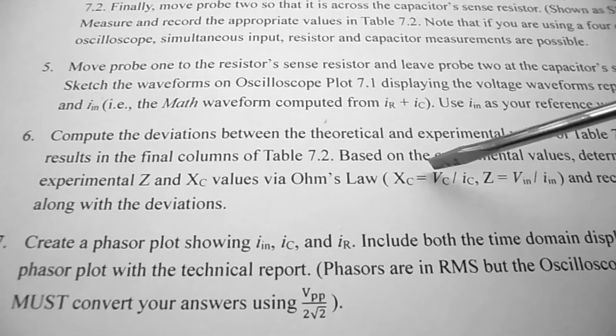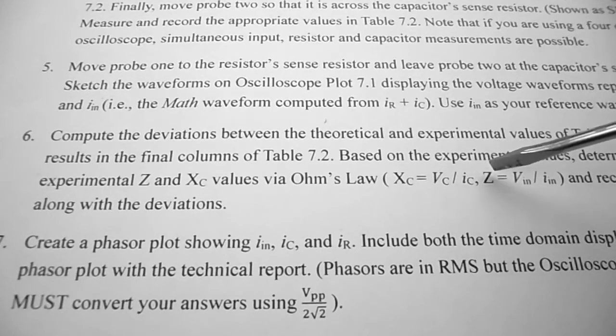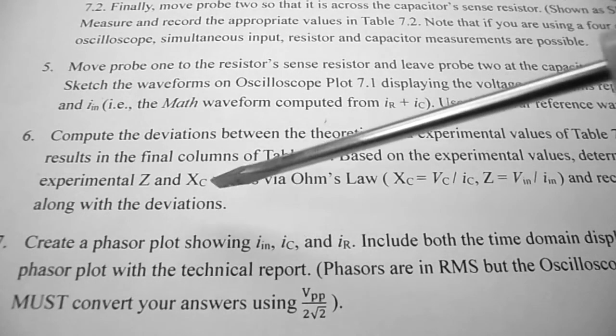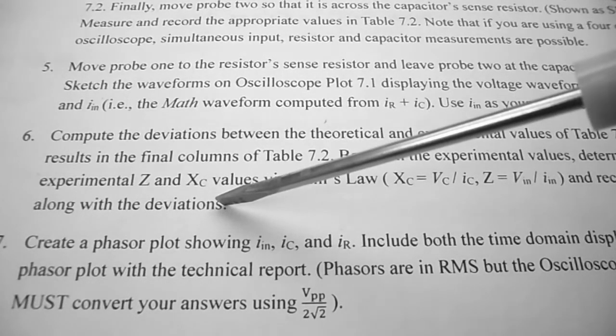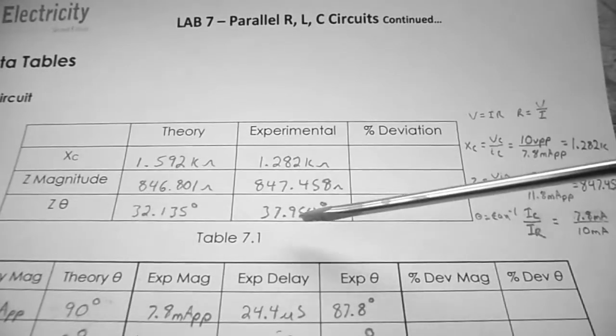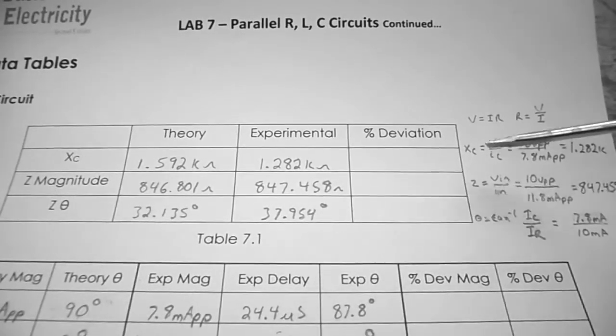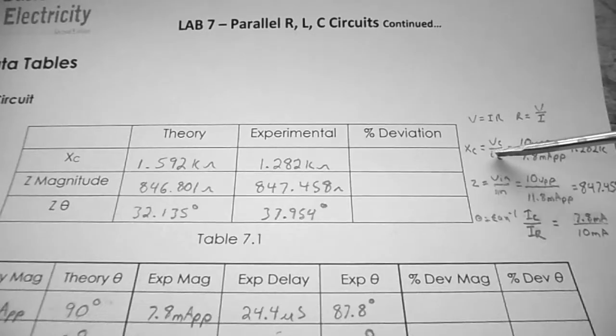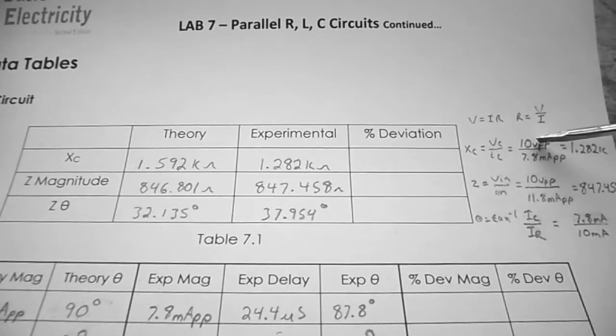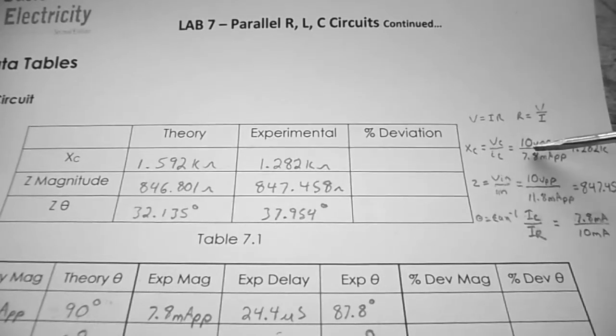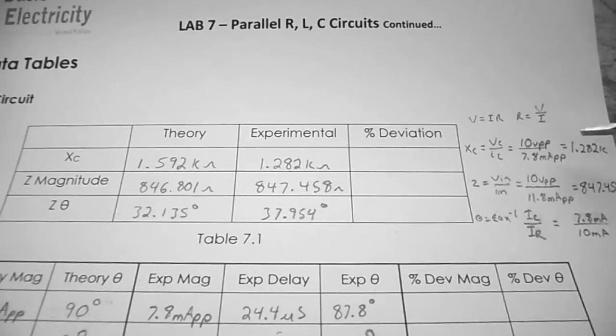So XC equals VC over IC, and Z equals VN over IN, and record these back in table 7.1 along with their deviations. So in table 7.1, XC equals VC over IC, which is 10 volts peak to peak, because that was our input voltage, divided by 7.8 milliamps peak to peak equals 1.282 K.